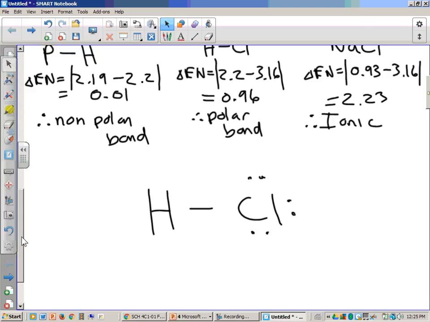So like I said a minute ago, it's not that they're sharing, it's a tug of war. And who's winning the tug of war for these two electrons? Chlorine is. What that does is, this pair of electrons, which you might imagine to exist right in the middle, because that's what sharing would mean, actually exists closer to the chlorine, because it pulls harder.